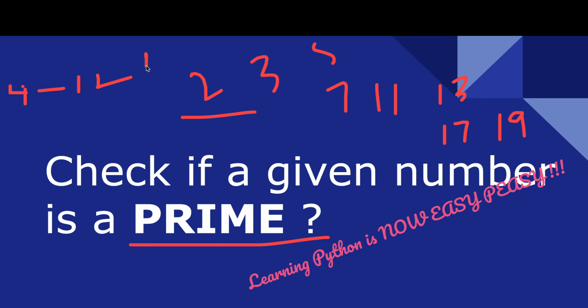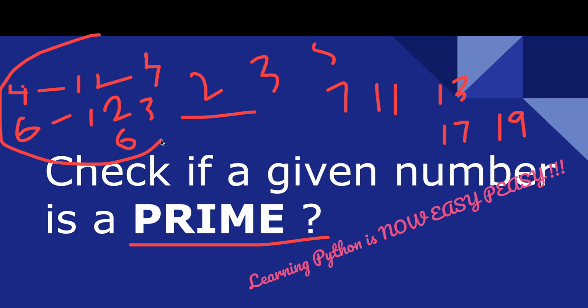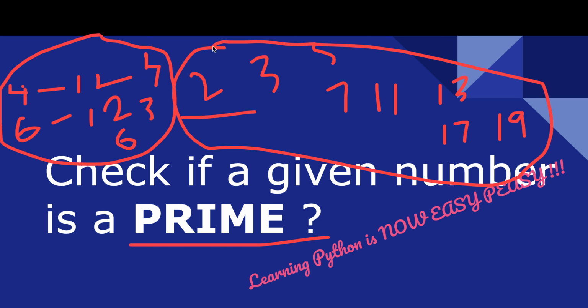It can be divided by 2 and 4. Now if you look at 6, it can be divided by 1, 2, 3, 6. So these can be divided, so they are not prime numbers, and all the numbers which can't be divided are the prime numbers.